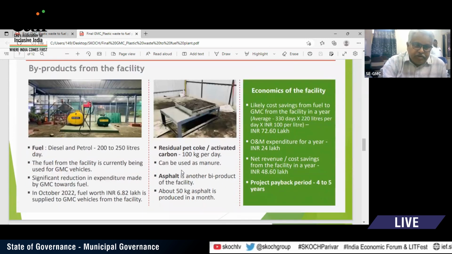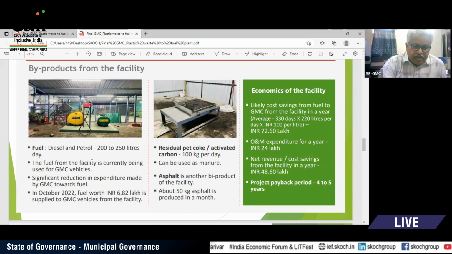Sir, the major byproducts of this facility are diesel and petrol; we are getting around 200 to 250 liters per day, which is being used for running our over 200 vehicles. This is mixed with our regular fuel in an 80 to 20% ratio; the synthetic fuel is 20% of the mix.